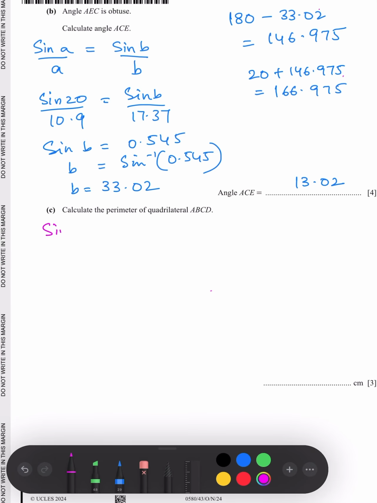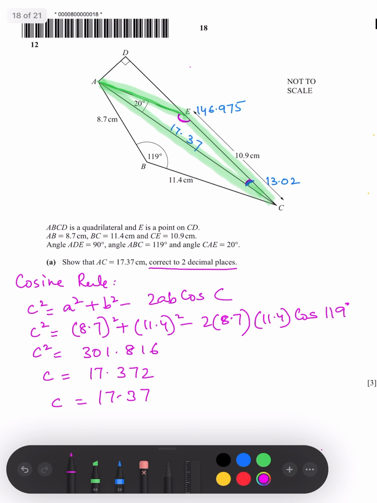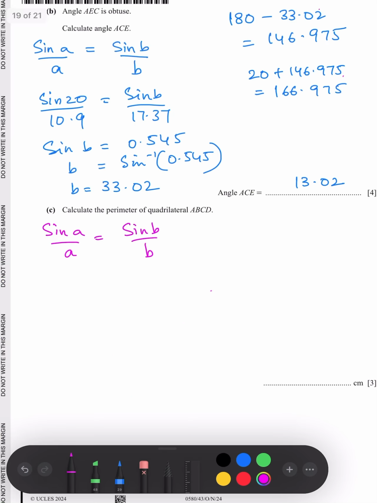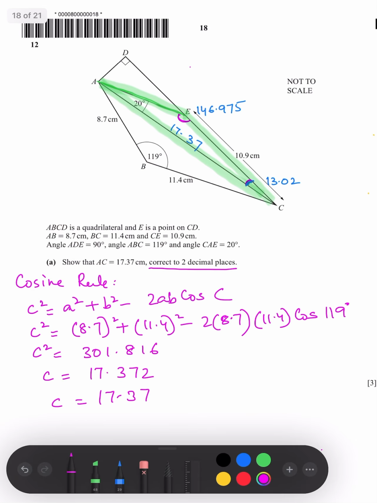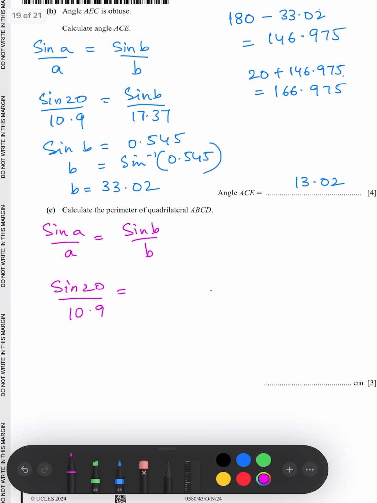So I am using the sine rule. Sine 20 over 10.9 is equal to sine 13.02 over b.